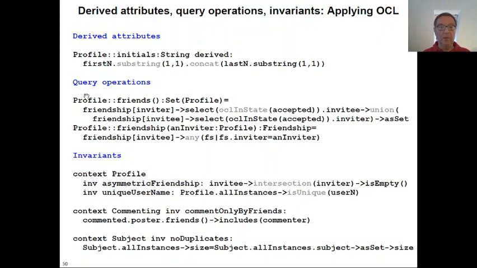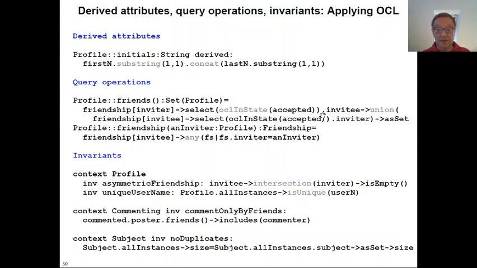So from the current profile, I'm navigating to the friendships where I am participating in the inviter role, and I do a select now, selecting only those friendships that are in the OCL state accepted. A friendship can be in state pending, it can be in state accepted, or it can be in state declined. And I'm considering here only those friendships which are in state accepted.